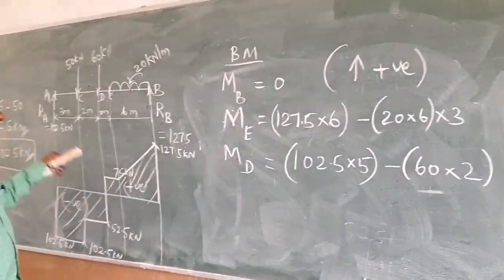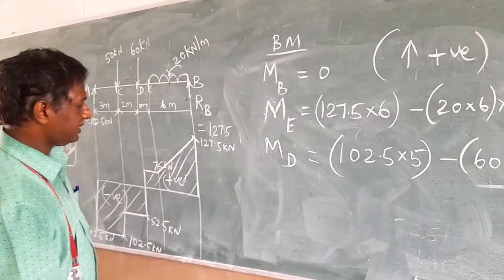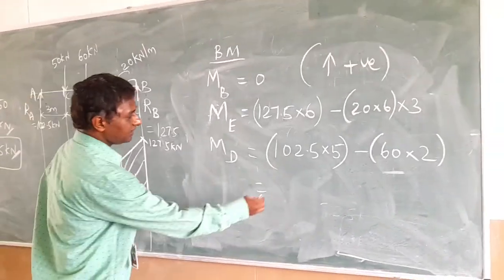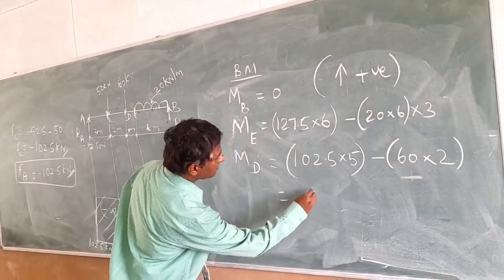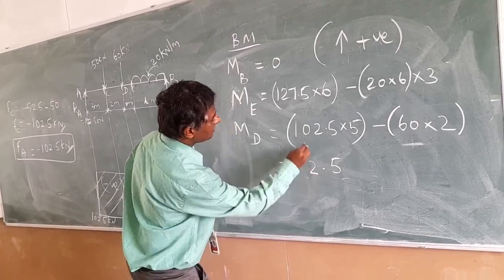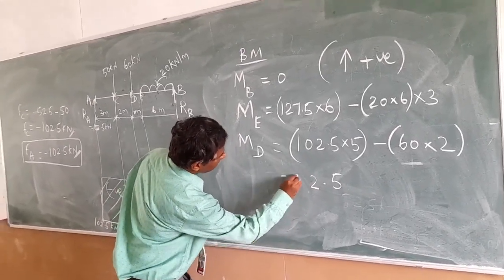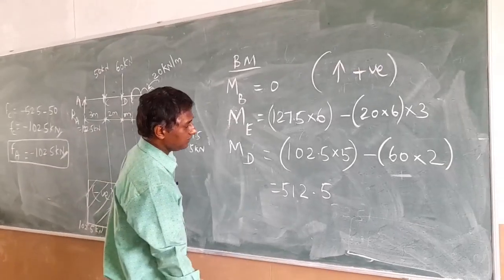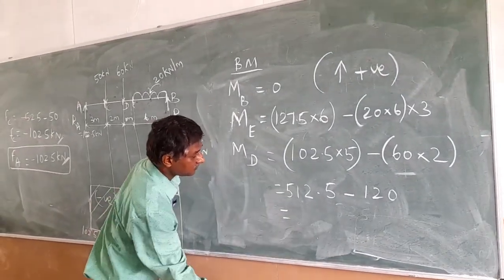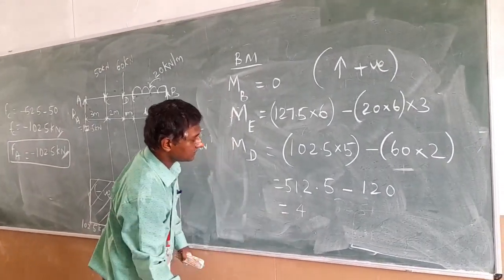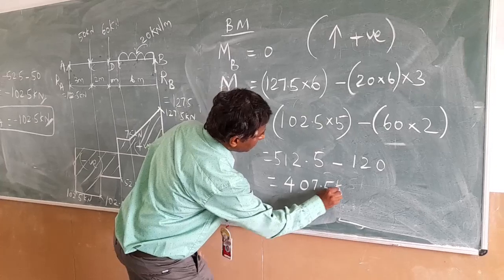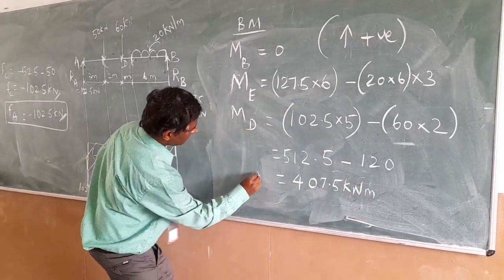Okay, this is MD, and we have to find the value of MD. 512.5 minus 100, and totally it is 407.5 kilonewton meter. That is M at the D point.